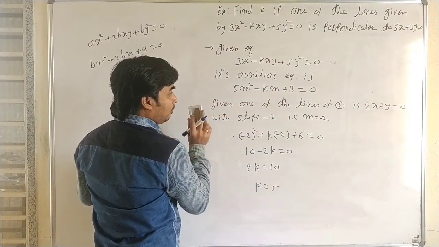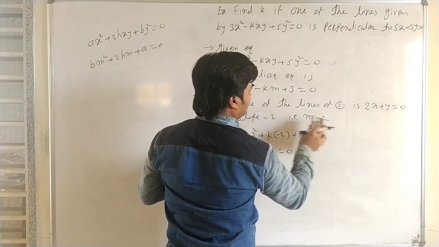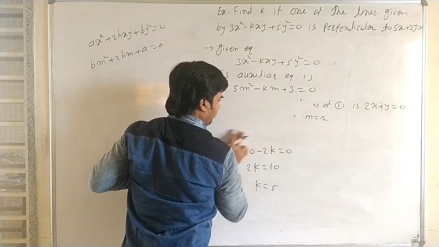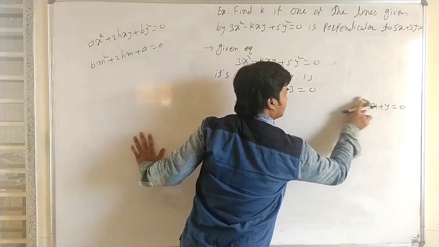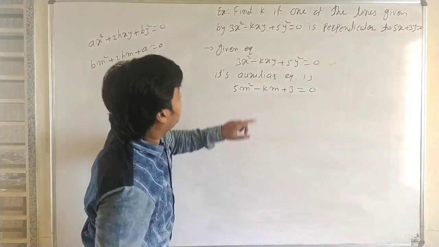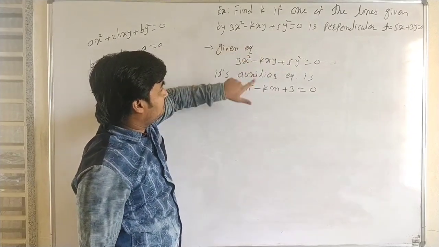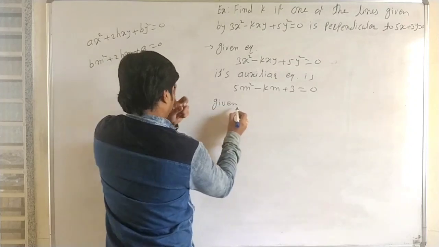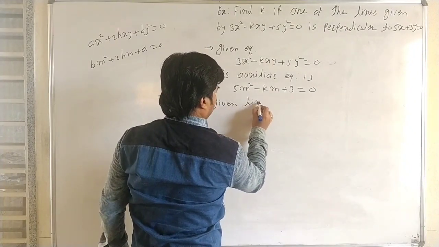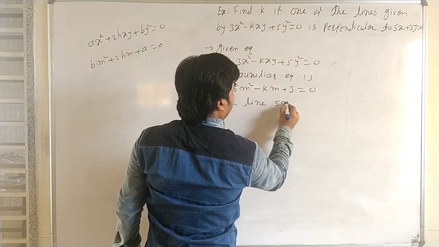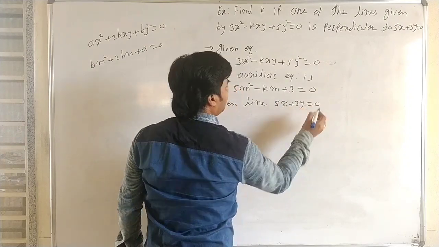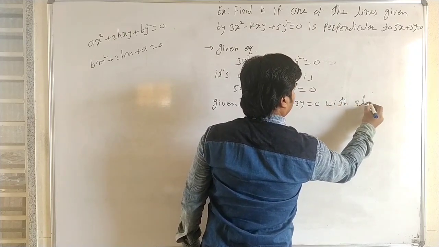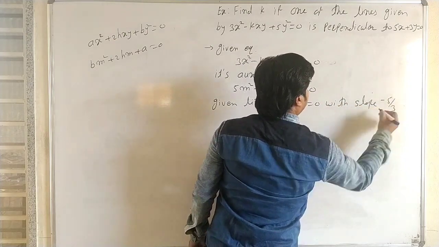Given that one of the lines is perpendicular to this line, 5x plus 3y is equal to 0 with slope minus 5 by 3.